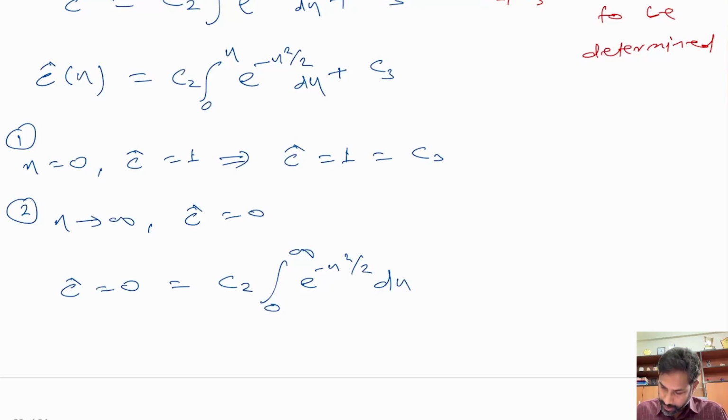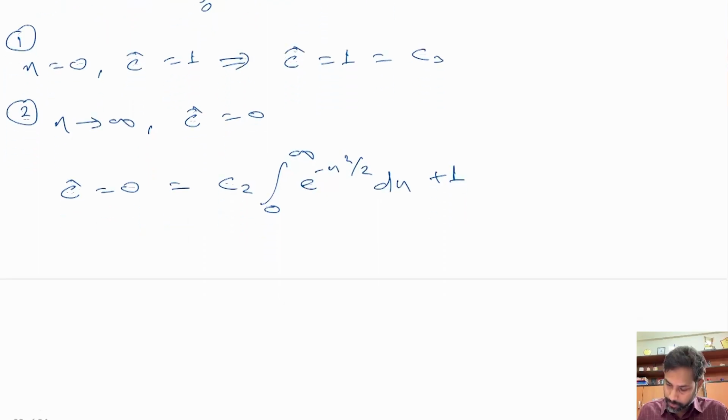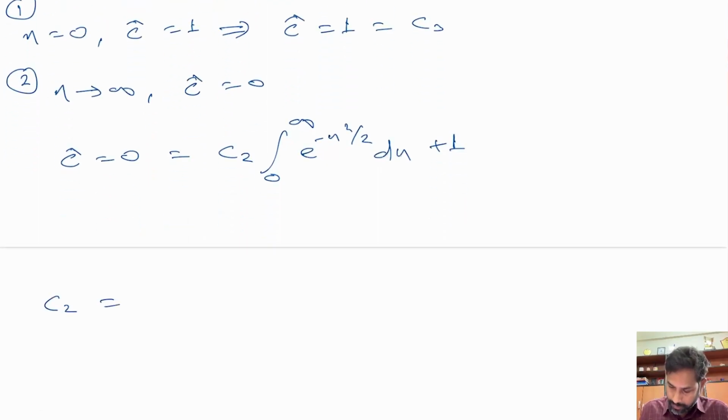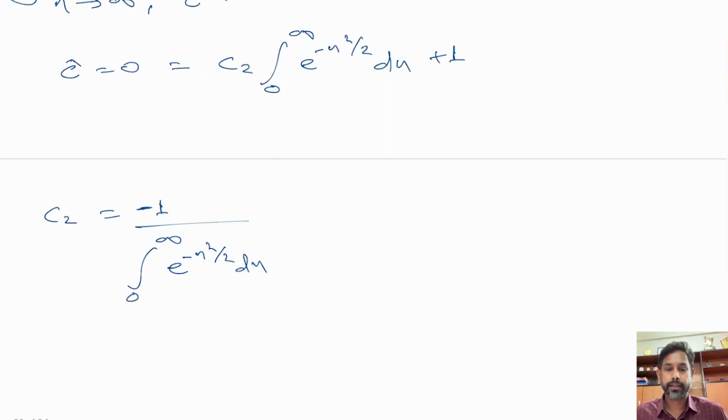Now we know that C3 is equal to 1, so we add 1 here, and that tells us C2 is equal to minus 1 over the integral from 0 to infinity of e to the minus eta square by 2 d eta.